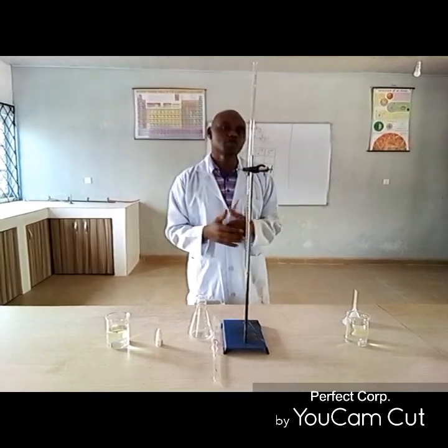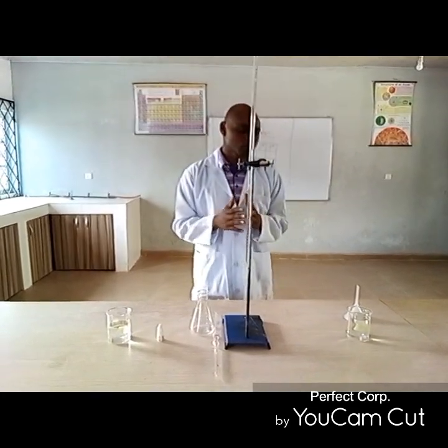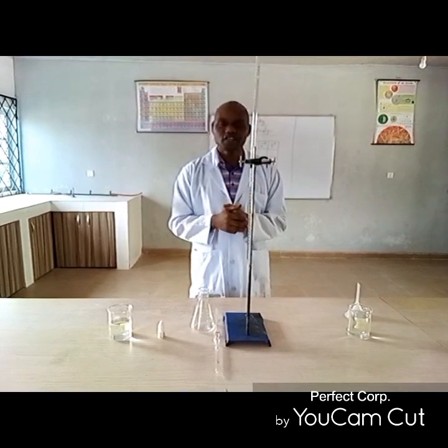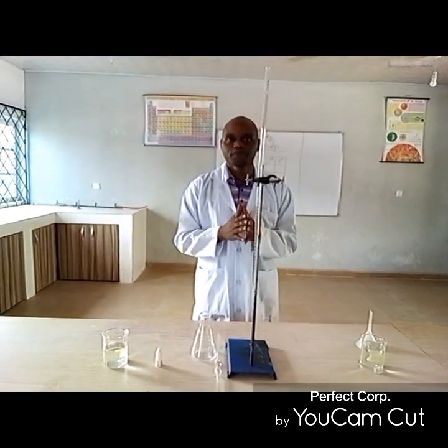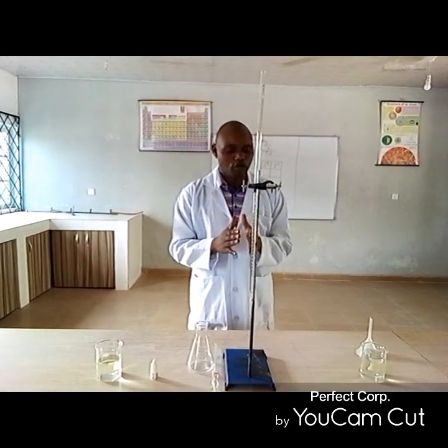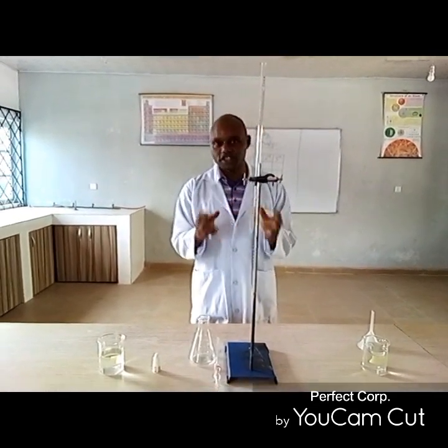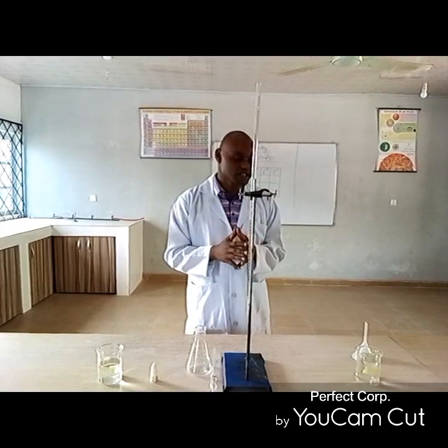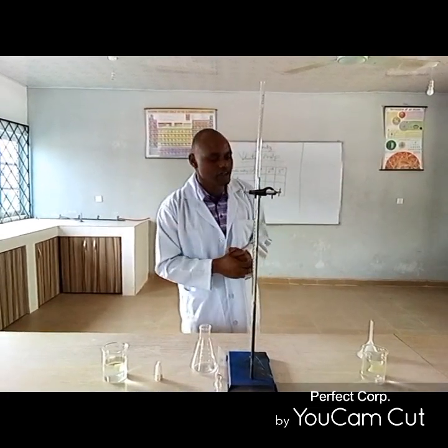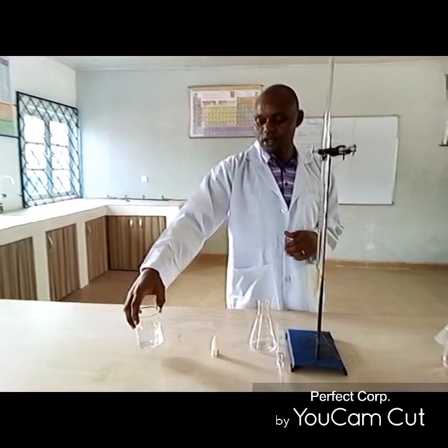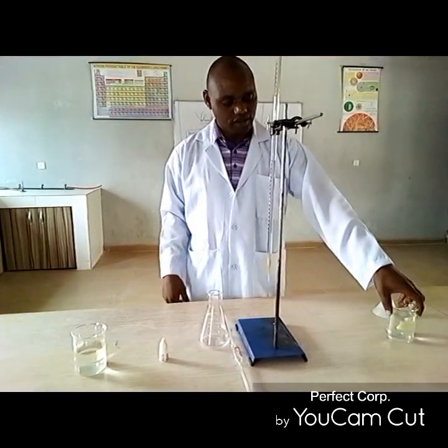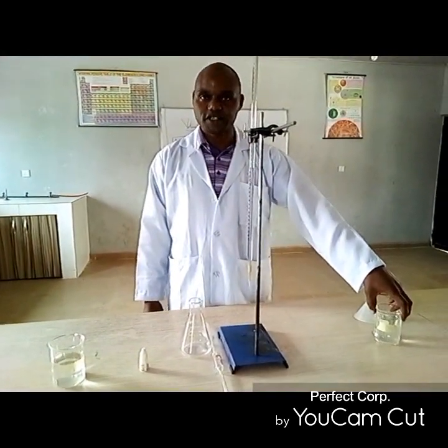Now this is the setup. We want to carry out acid-base titration practical. Please always take note that you are going to make use of two reagents in carrying out this practical. So the two reagents that we have here, we have dilute acid and dilute base.